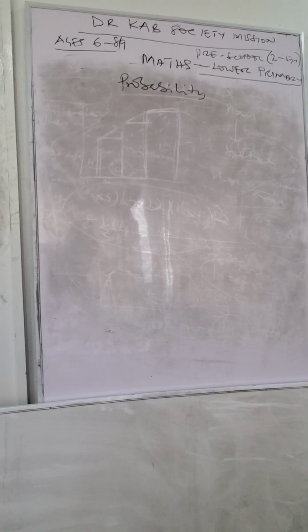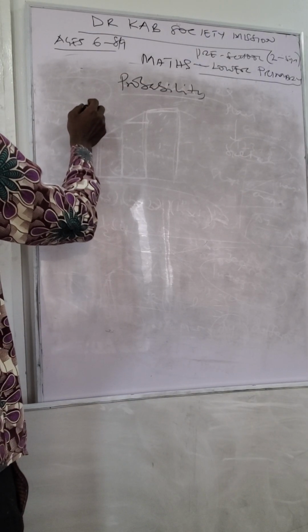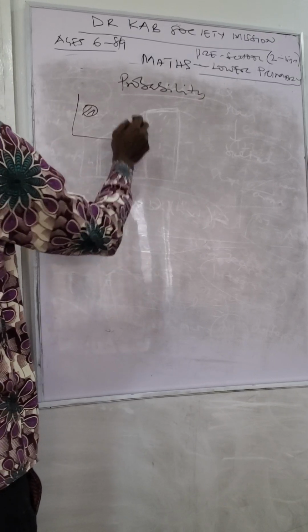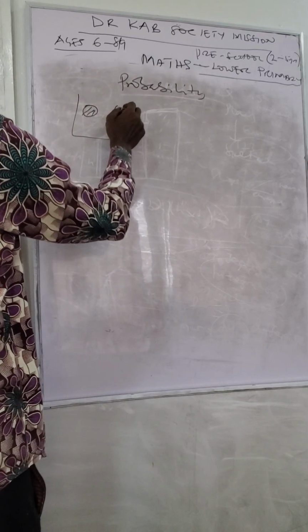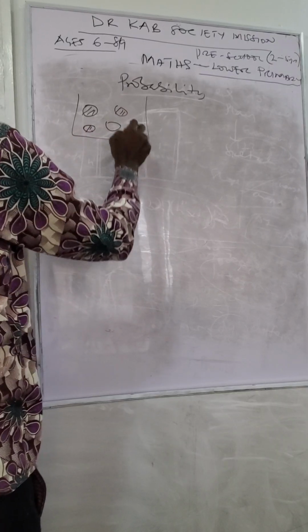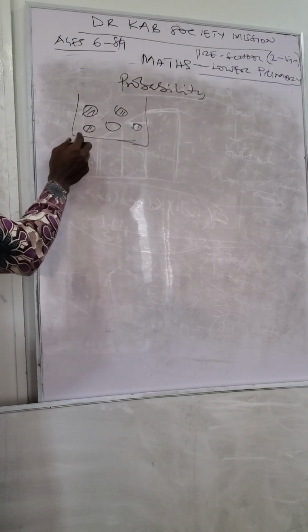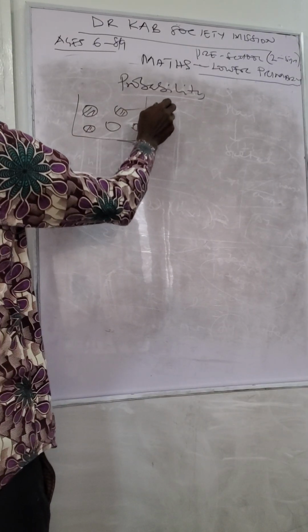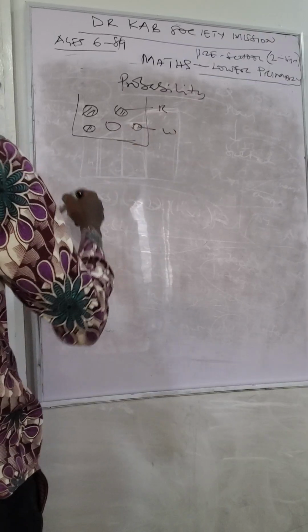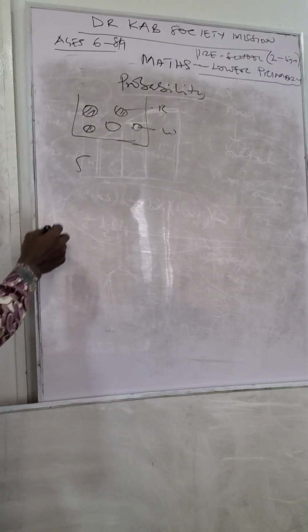Let's talk about probability. When you talk about probability, let them understand, let's say we have this. Let's assume these are balls, 5 balls in the basket. These are the red ones, these are the white ones. I can ask you how many balls are there. You say 5. How many are red?